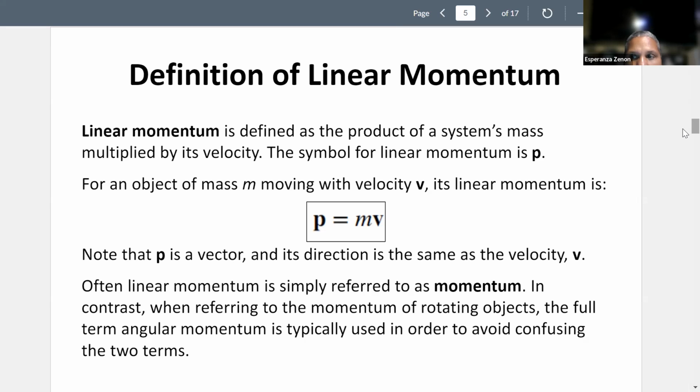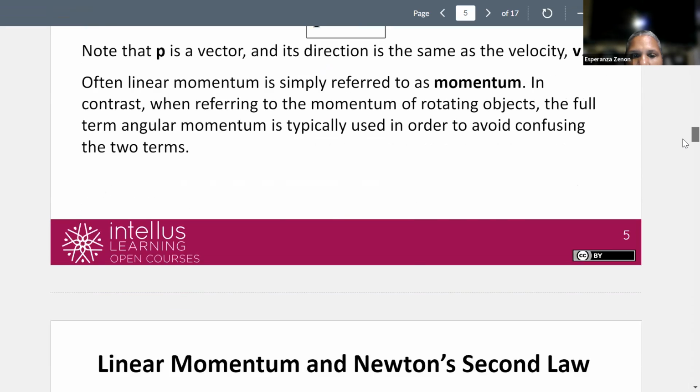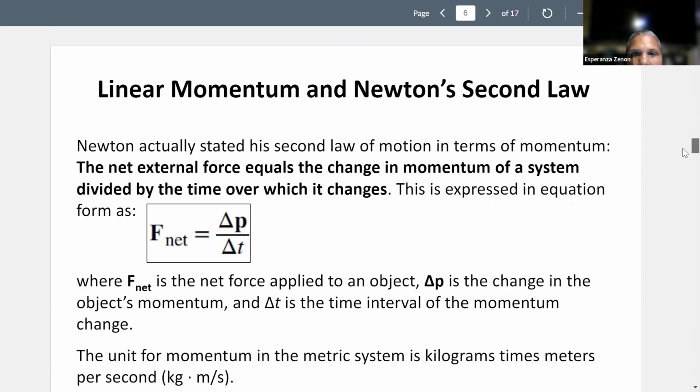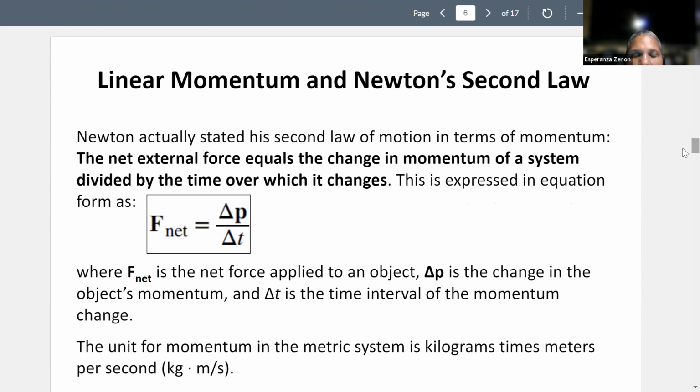So mass times velocity, that's fairly straightforward in terms of finding an object's momentum, okay? There is a connection between momentum and Newton's second law. When we look at how an object's momentum changes with time, we're actually finding the net force.